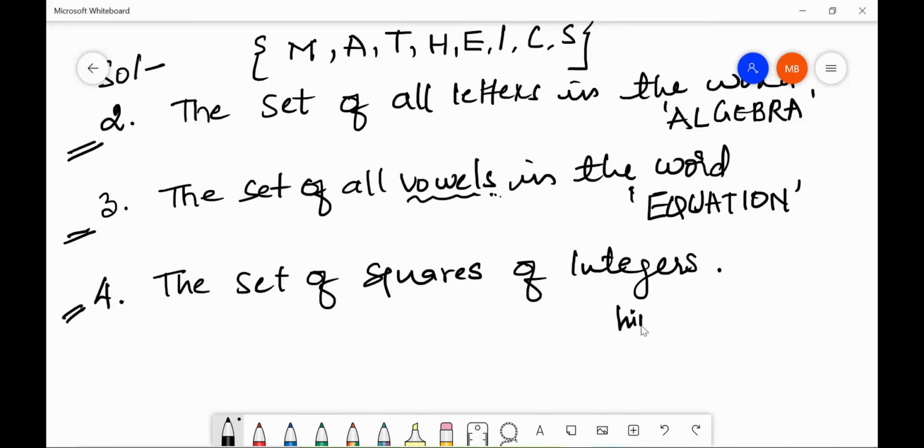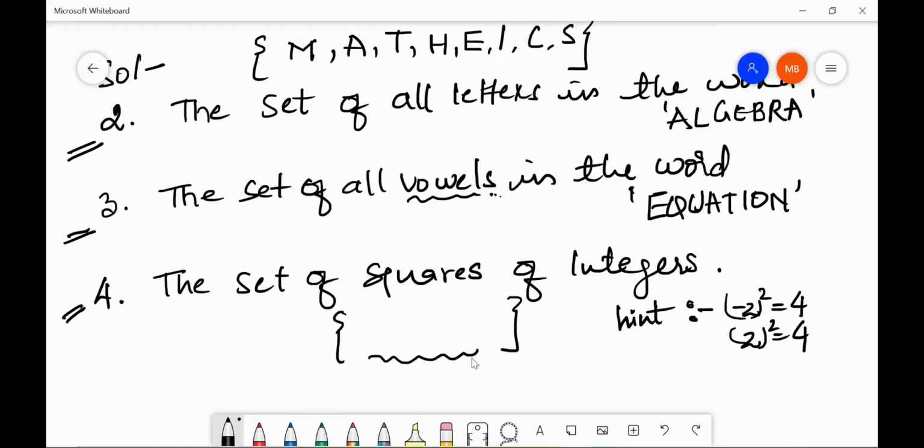Your hint is, while making the set, please keep in mind that (-2) squared is 4 and (+2) squared is also 4. So this set should consist of squares of integers. So please remember this hint.